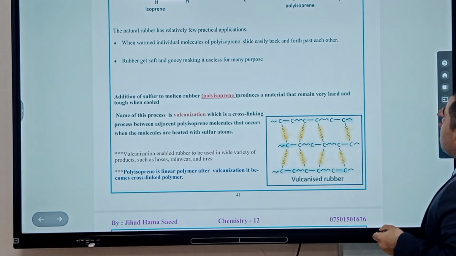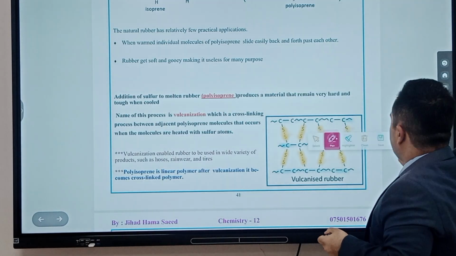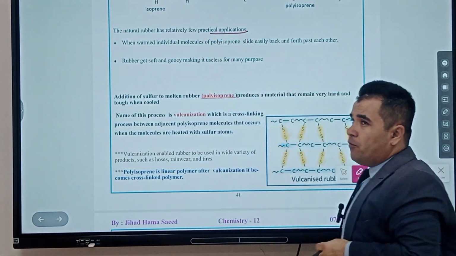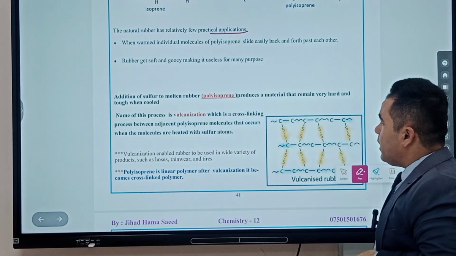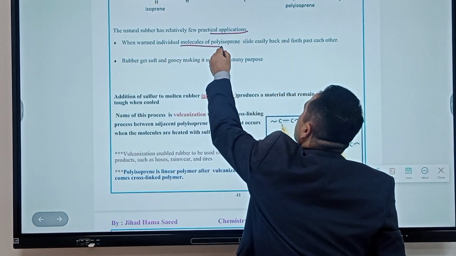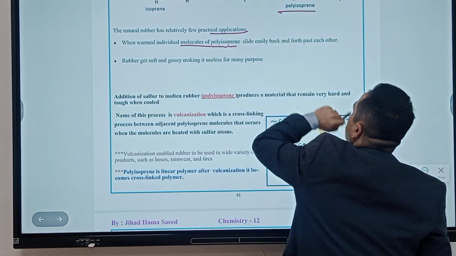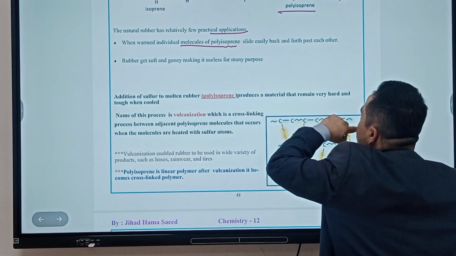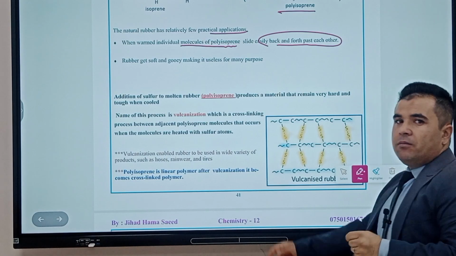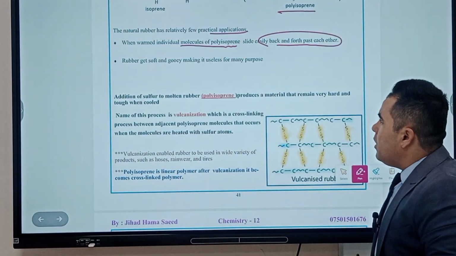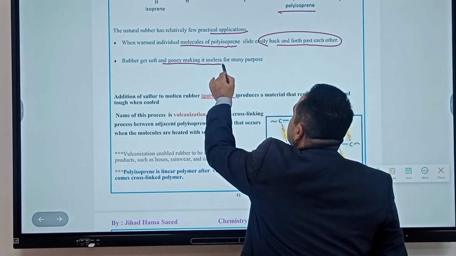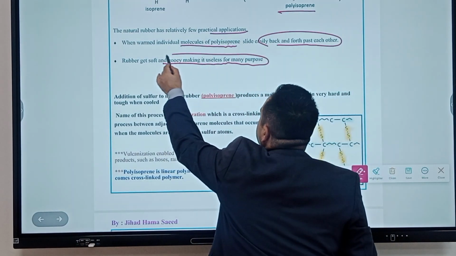Guys, natural rubber has few practical applications. When warmed, the individual molecules of polyisoprene can slide easily back and forth past each other, so the rubber gets soft and gooey, making it useless for many purposes.